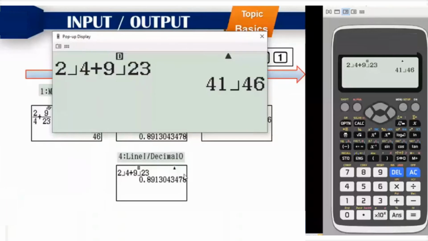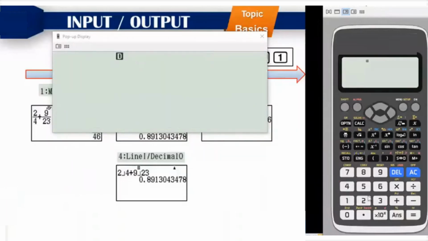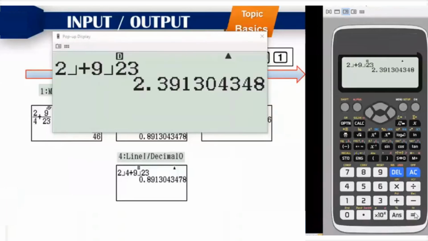So I will press shift and menu again, I will press input and output again, and I will press 4 so that I'm on line 1 and decimal 0 format. And now I will write 2 upon 4 plus 9 upon 23. These setup features are only for your comfort level. So you see, it is giving your answer in a single line. I hope this makes sense and this is clear.